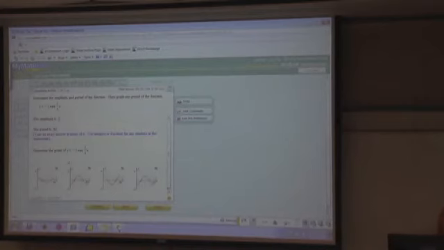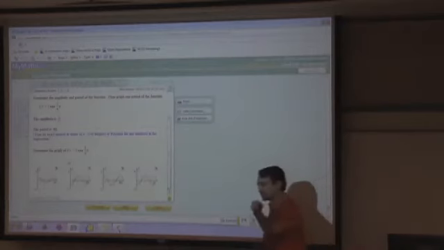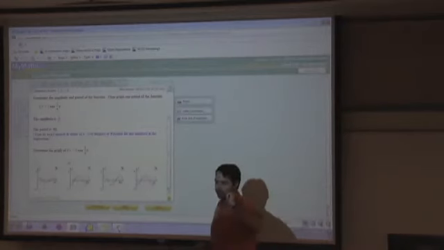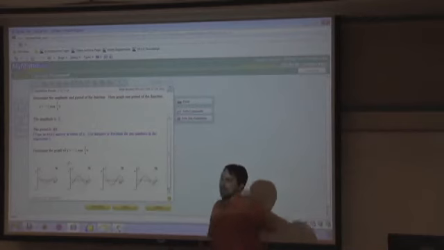Graphs of trigonometric functions. First of all, what is the amplitude? That's how high it is. Technically, it's half how high it is. The negative does not play a role in the amplitude. The negative just means, remember back talking about functions, that you're flipping the graph over the x-axis.